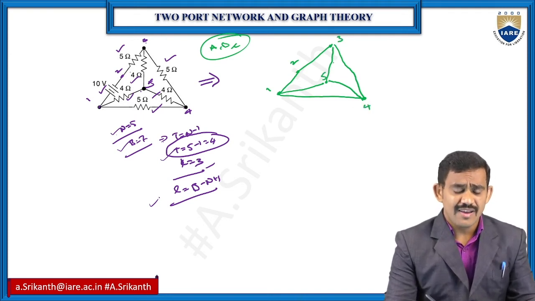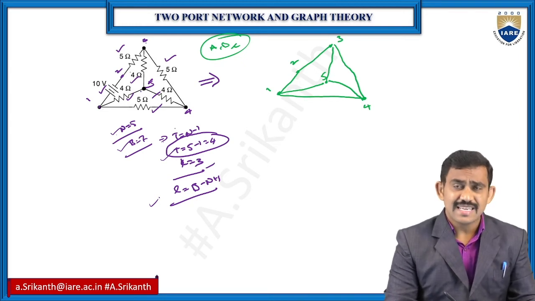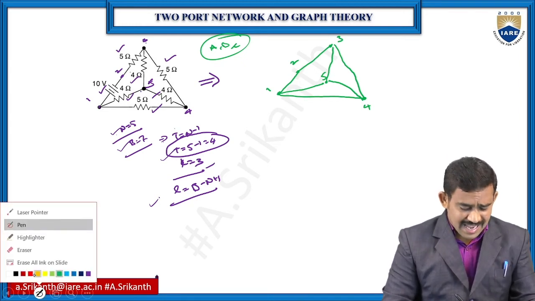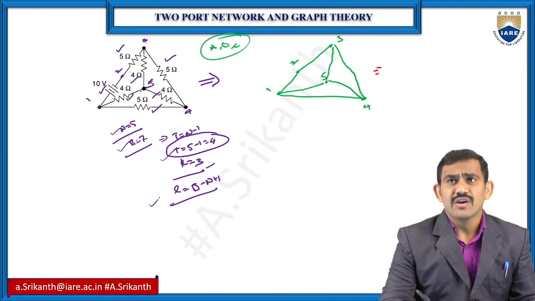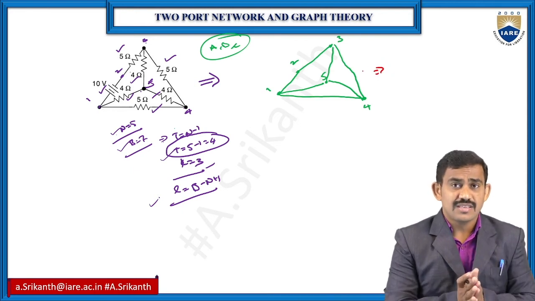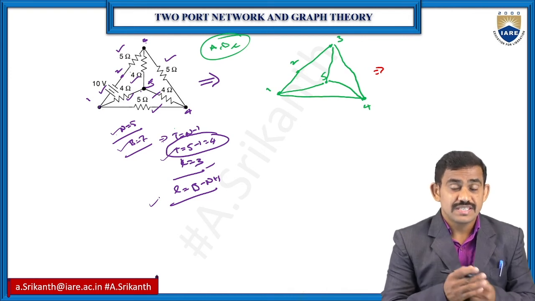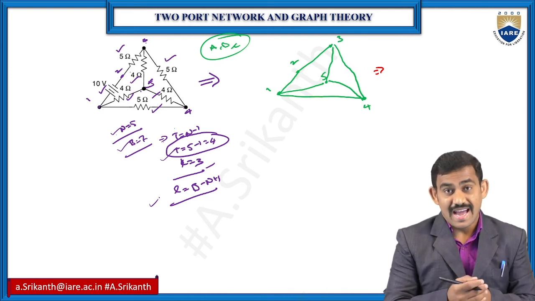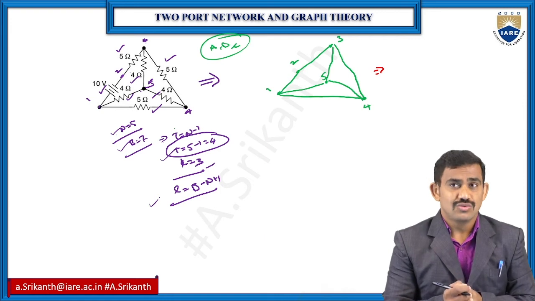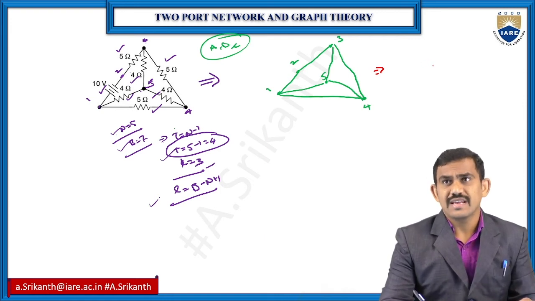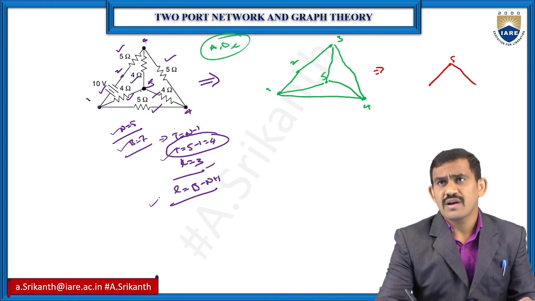But I have the original graph, so I need to draw the trees and co-trees. For trees and co-trees I have one logic. So which logic we have? For each original graph, the logic is trees need to connect each node and should not be in a closed loop. Okay, so I need to use the fifth node. So 1, 2 and 3. This is my trees.